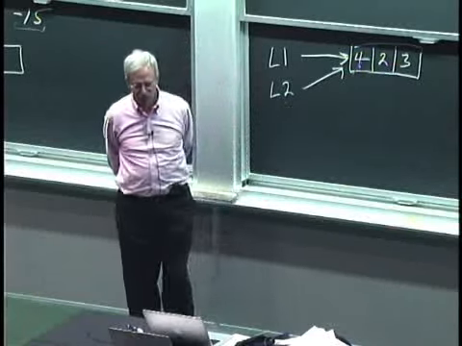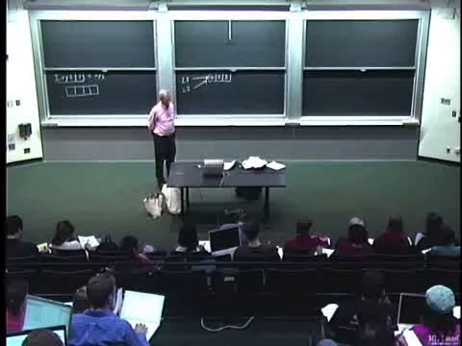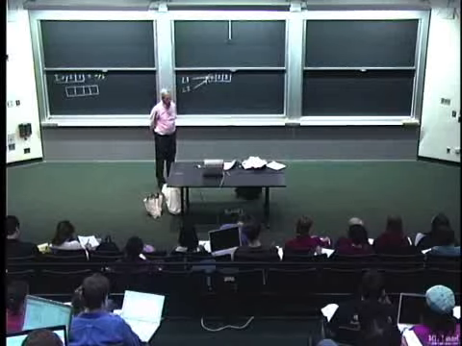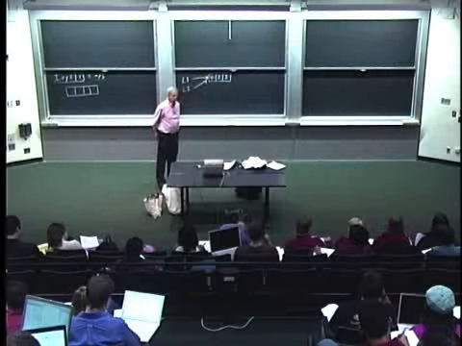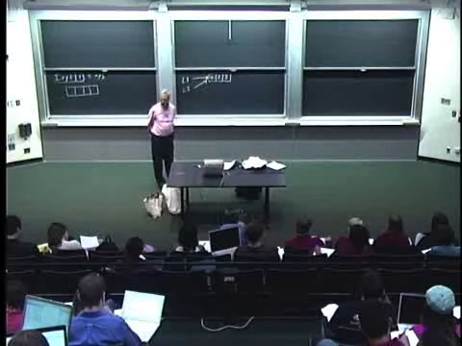Yes? How is that different than assigning variables to just a plain where they, like say you have A equals 2 and then B equals A, and then if you change A to 3, B still equals 2.